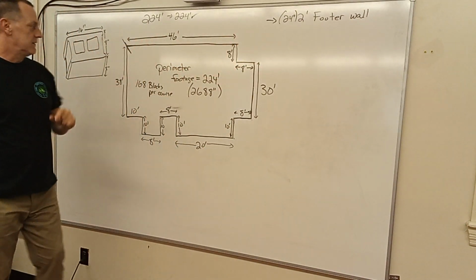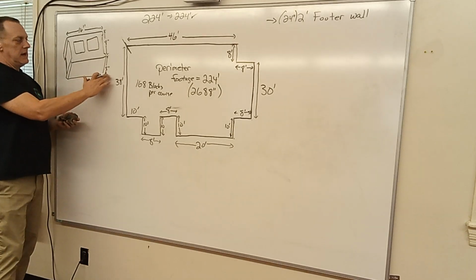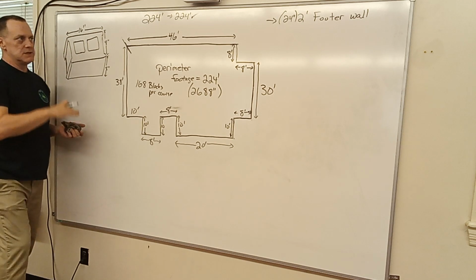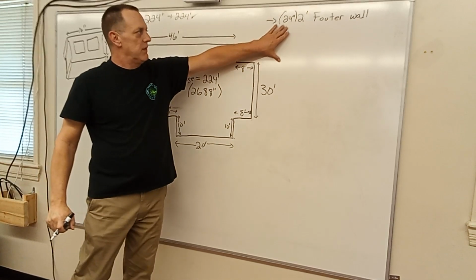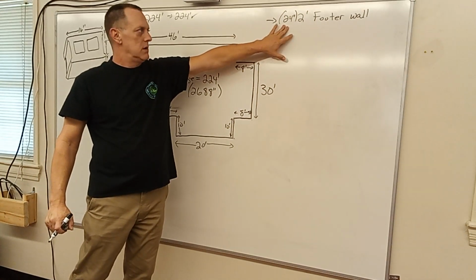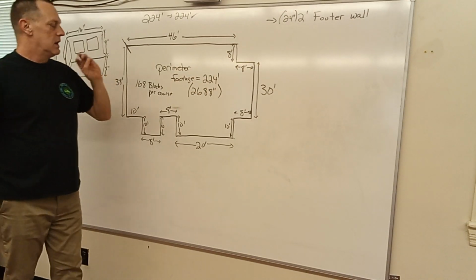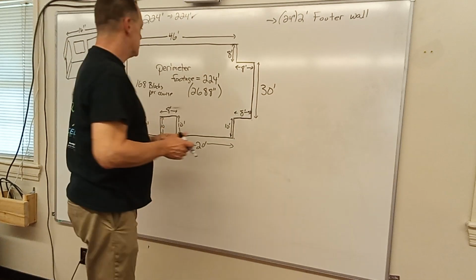Now what is the height of the blocks? 8 inches high. So each time you do a course, you're going up 8 inches. If you want a 24-inch footer wall, and each block course is going to be 8 inches high, that means you're going to need 3 courses, correct?